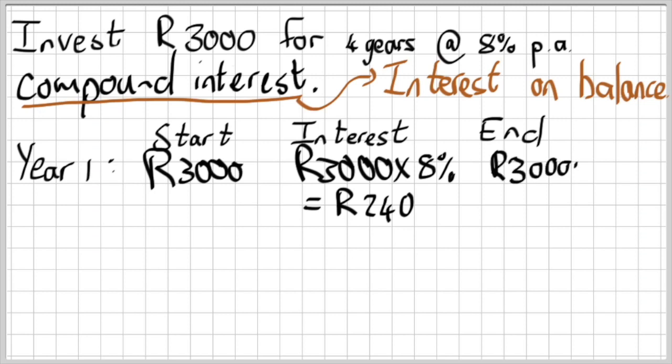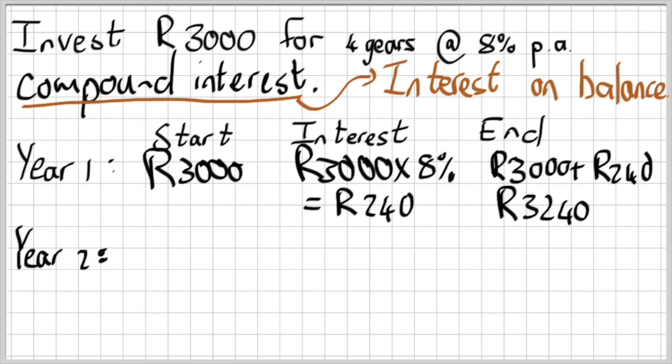And I'm ending with 3,240 Rand. Now this, in year 1 or in the first period, there's going to be no difference between simple interest and compound interest.